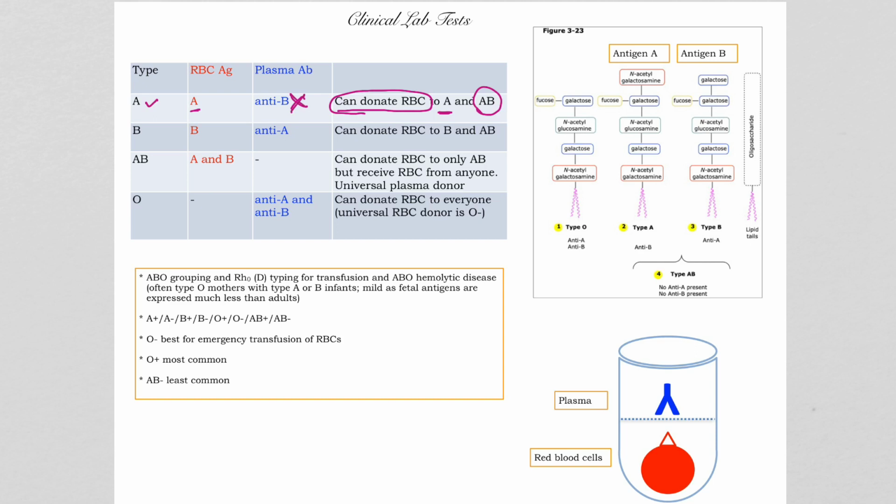So they can donate to their same type A or to AB. Same logic, B can only donate to B or AB because ABs have no antibodies. So ABs can get blood from either A or B.